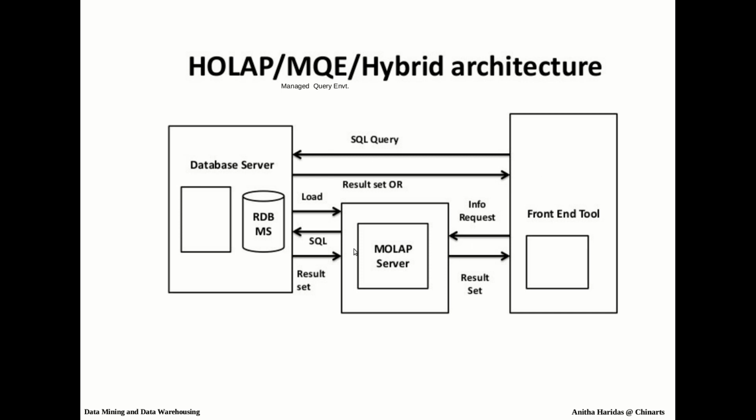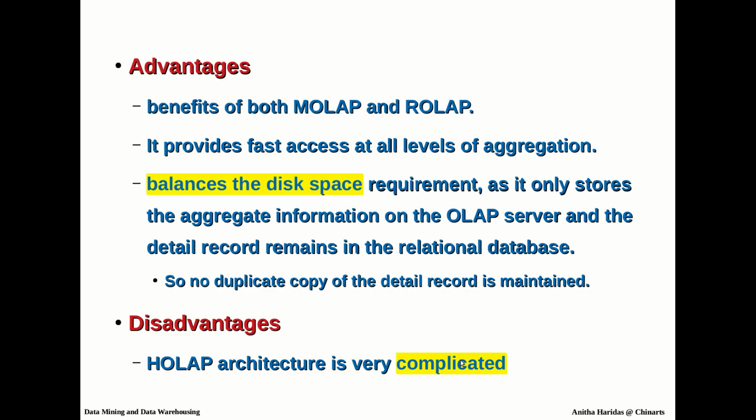Or if it wants aggregate information, it can give the request to the MOLAP server, and it can load the data, and it can be given to the front-end tool, right? So both ROLAP and MOLAP are combined here in the HOLAP architecture. Now the advantages: obviously all the benefits of both MOLAP and ROLAP are available, and this provides faster access to all levels of aggregation.